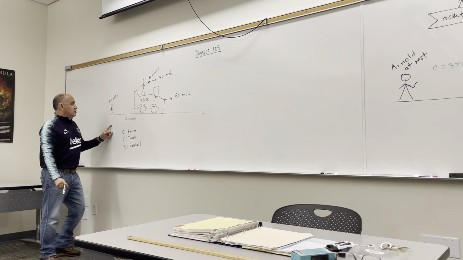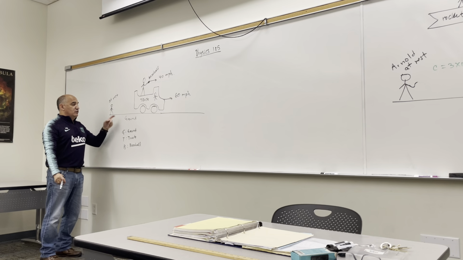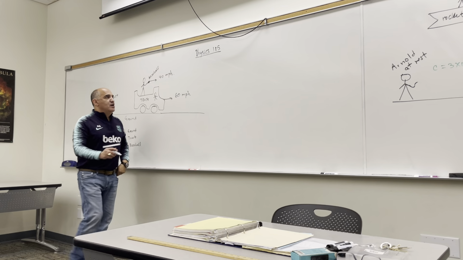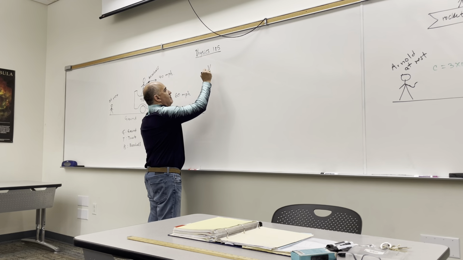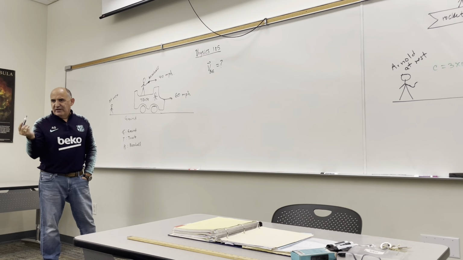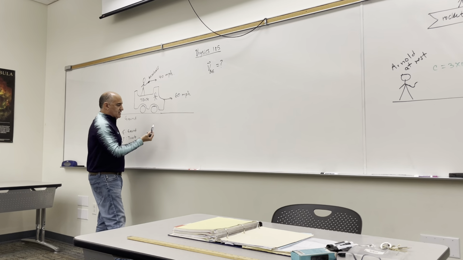And the question was, what is the velocity of the baseball relative to the ground, which is the same relative to this person, because this person is at rest relative to the ground. So the rule is this, right? With relative velocity problems, those of you who took 185 from me kind of remember this.